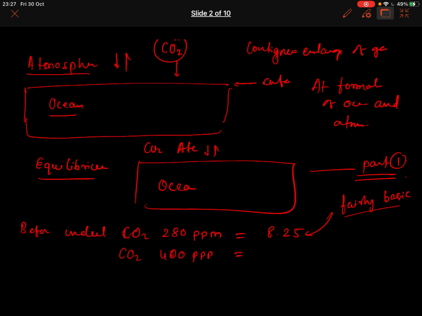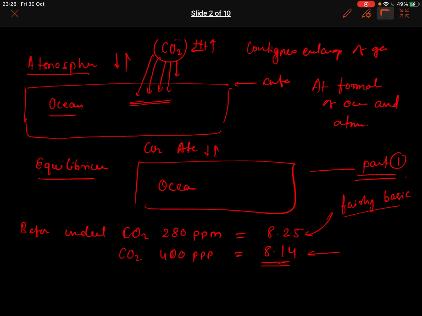As we have seen, there is a state of equilibrium between the atmosphere and the ocean, so whatever concentration of CO2 was in the atmosphere, it was in equilibrium with that of the ocean. As CO2 in the atmosphere increases, obviously more CO2 is absorbed by the ocean as well. So as CO2 increases further, it gets added to ocean waters also, and as a result the pH of ocean water changes to some 8.14.